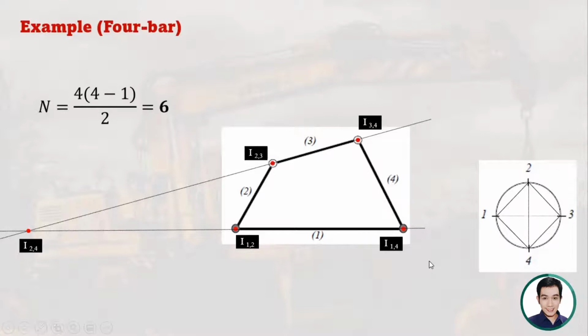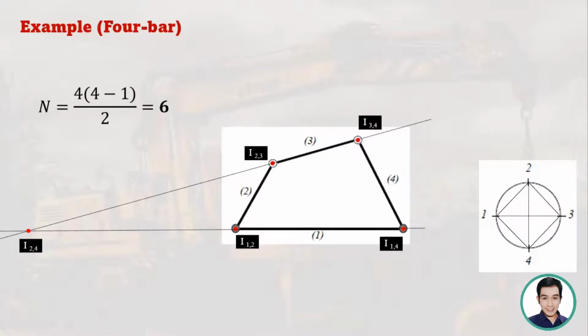We can draw another triangle by connecting 1, 3. The sides that form the triangles with 1, 3 are 1, 2 and 2, 3, as well as 1, 4 and 3, 4.